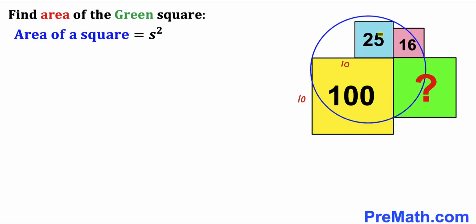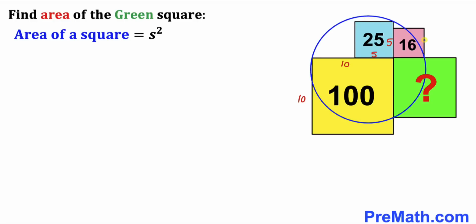And now let's focus on this blue square. Its area is 25. So 25 could be written as 5 squared. So that means its side length, this side and this side, is going to be 5 units. Likewise, all these sides are going to be 5 units as well.